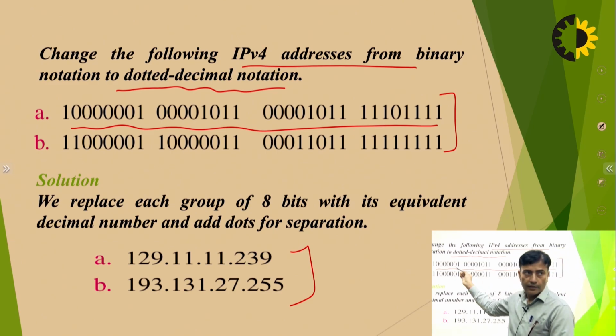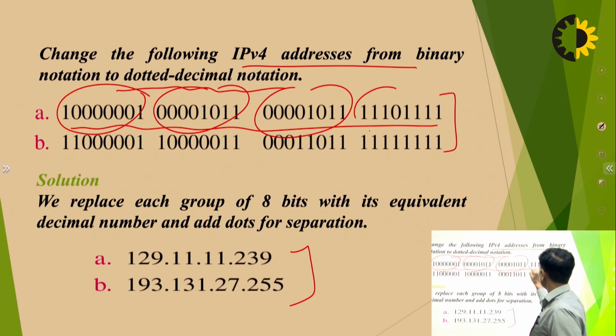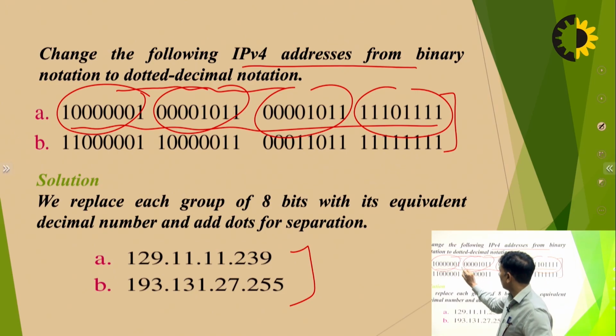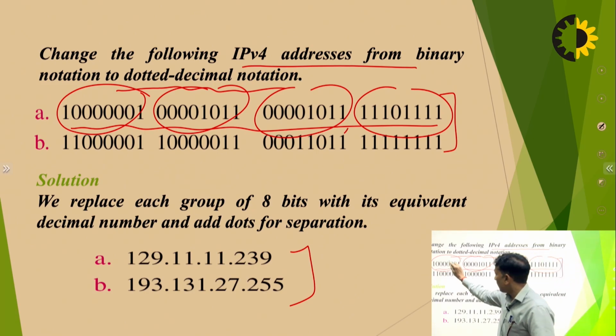Here they have already given it in divided form. So, what do you have to do to change to dotted decimal? You have to put a dot here, then here, then here, okay. And each binary stream is converted into a decimal number.